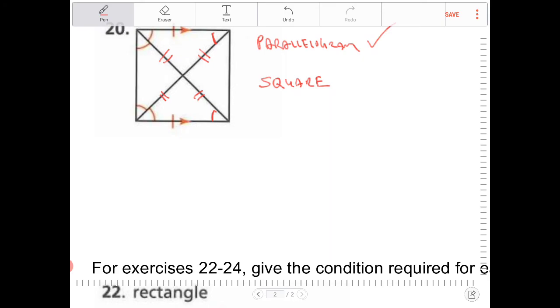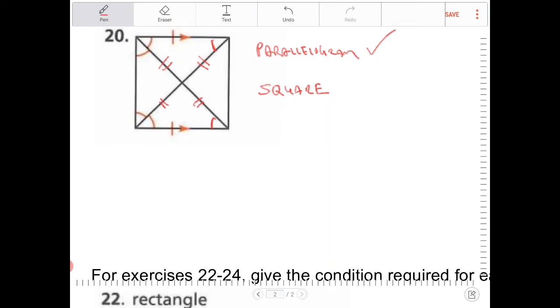Actually, no. Well, yes, it is going to be a square, because these angles over here are consecutive, and if we call them all x's, 4x must add up to 180, right? So x must be 45. So this corner here must be 90. This is a square.